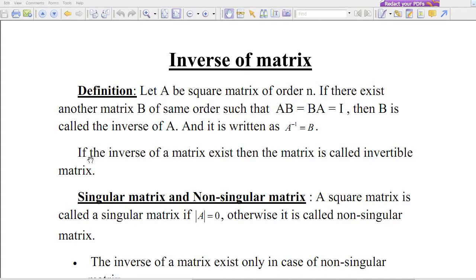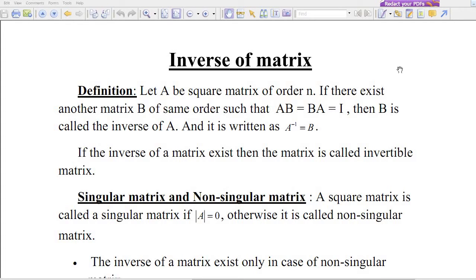Now see, if the inverse of a matrix exists, then the matrix is called an invertible matrix.